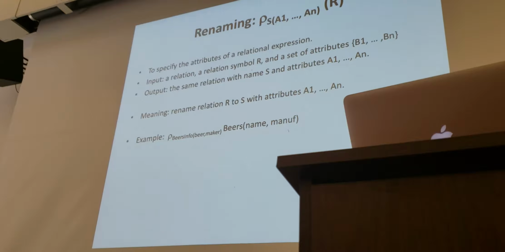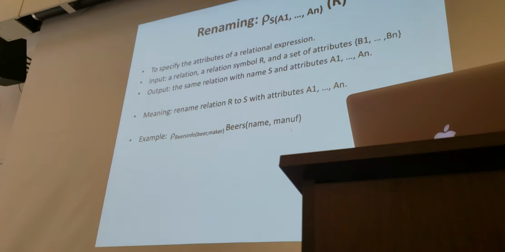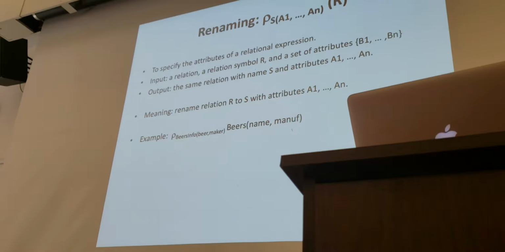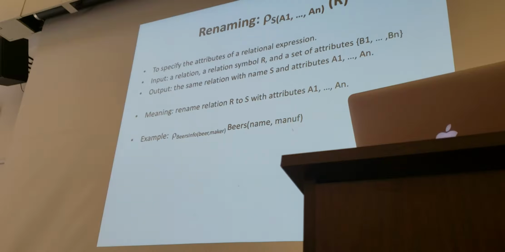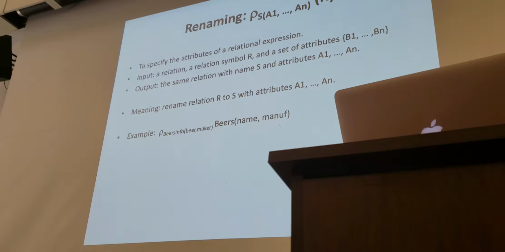Basically, there's an operator called rho, and the idea is that rho allows you to rename R. So instead of having a relation R that has attributes B1 through BN, we're going to rename it to S of A1 through AN. So I can rename the relation, I can rename its attributes if I want to. I don't have to rename its attributes, but I can. It's just something that gets thrown in to allow you to play with renaming easily.